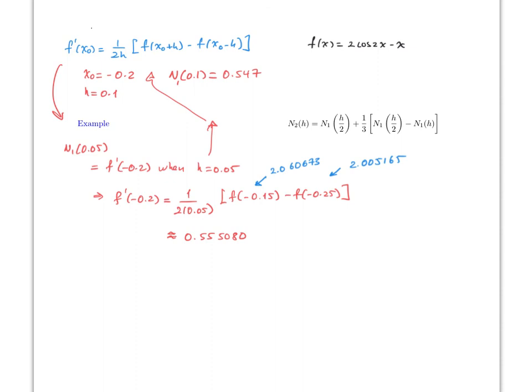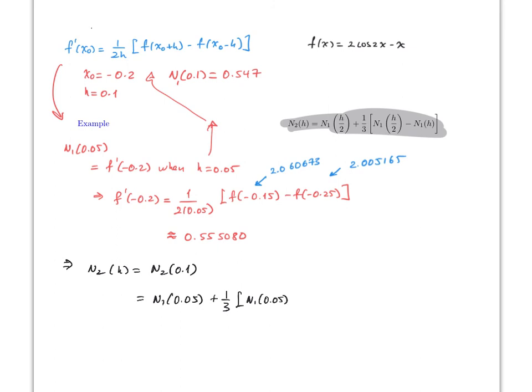All right, so therefore N2, using this formula, so from here we have the N2 of h, which in our case is N2 of 0.1. This should equal N1 of 0.05 plus 1/3 of N1 of 0.05 minus N1 of 0.1. And now we have all these values.